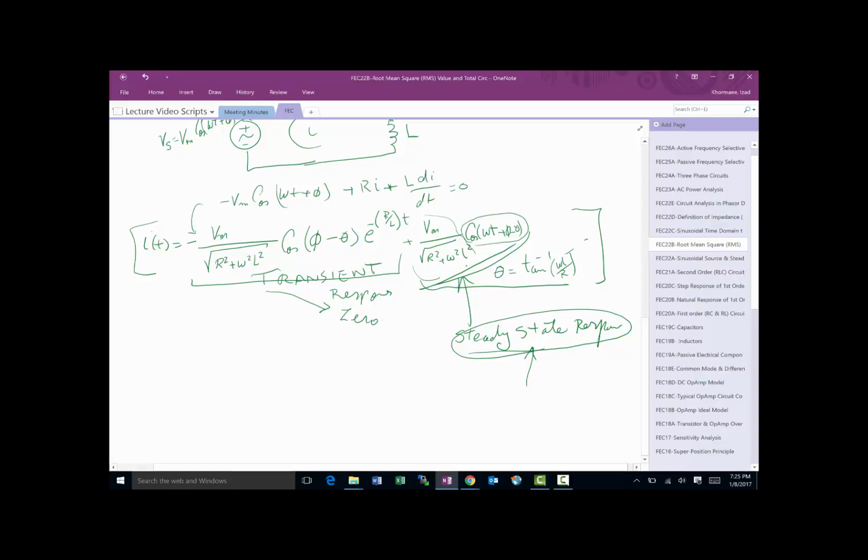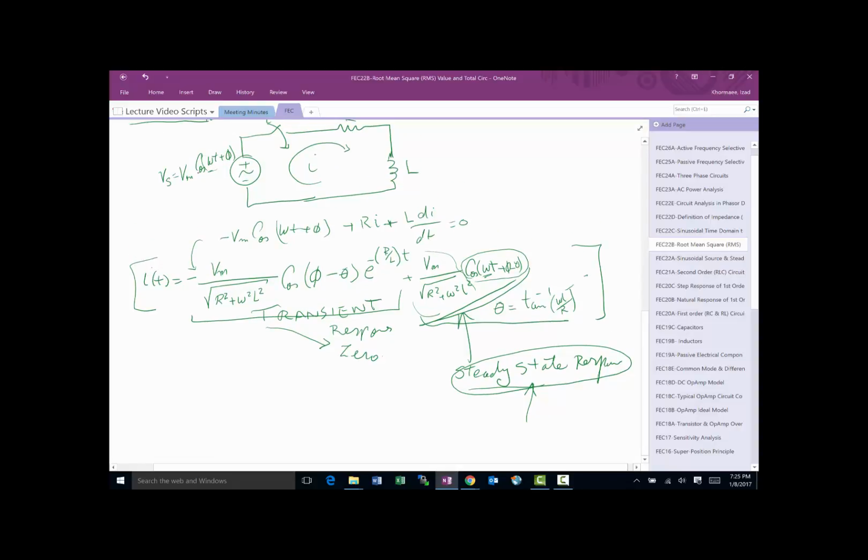One other thing to look at in the steady state response is that its frequency is the same as the input frequency. The response doesn't change the frequency. There is somewhat of a shift, though: notice the phi minus theta.